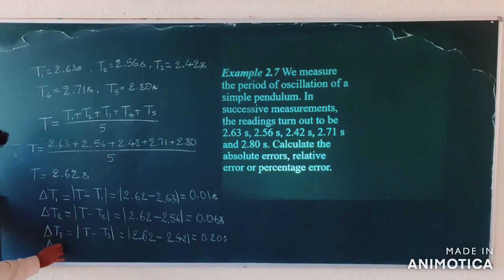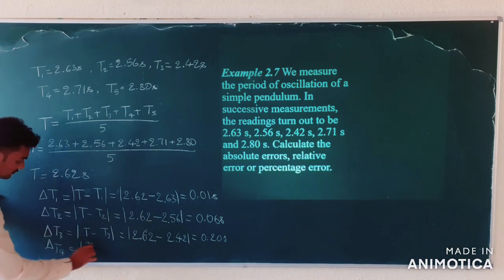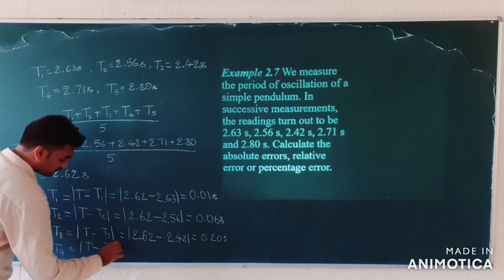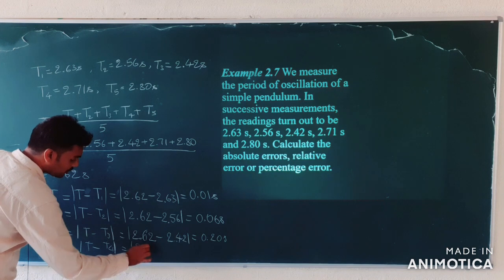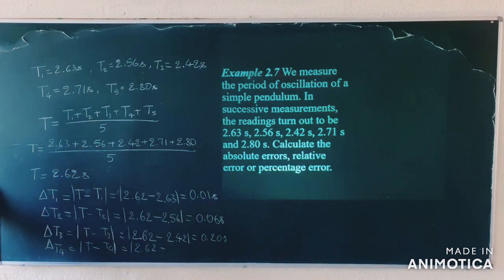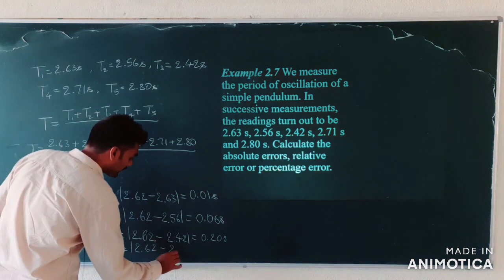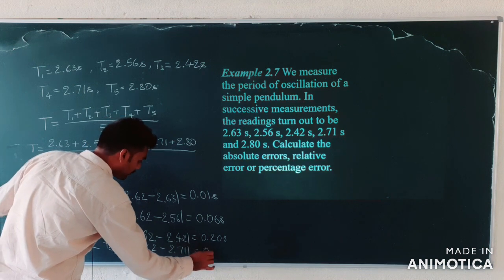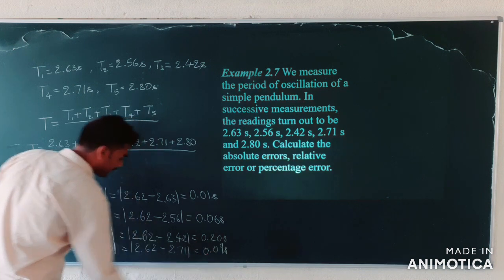Similarly, delta T4 is equal to 2.62 minus the fourth reading, which is 2.71, which is going to be 0.09 seconds.